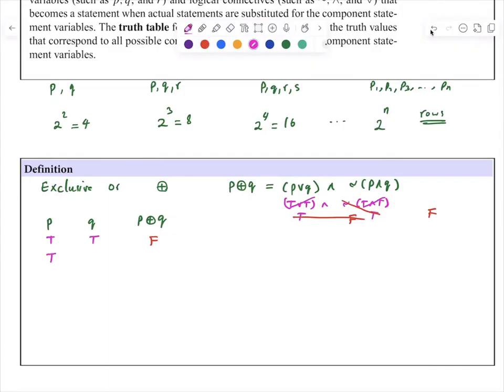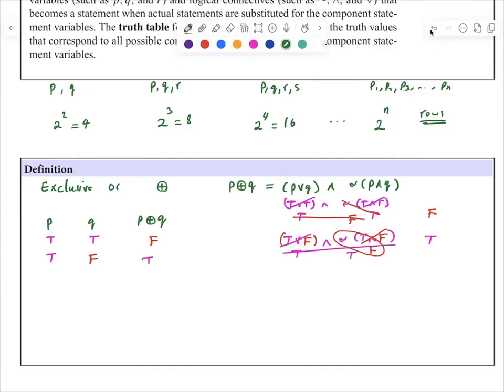If P is true and Q is false, then you have true or false, and the negation of true and false. True or false is true. True and false is false. The negation of false is true. True and true is true.